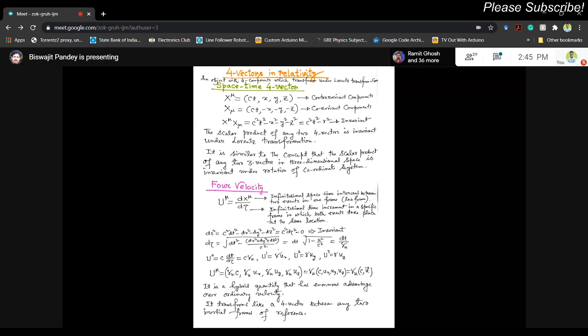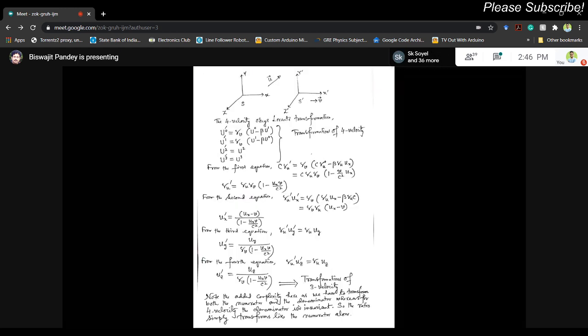So if we have a 4-dimensional counterpart of velocity, which we call 4 velocity, then it will obey the Lorentz transformation. When we transform from one inertial frame to another, the different components of 4 velocity will transform according to the Lorentz transformation, and our life will become much simpler than the usual case in 3 dimensions. I will show you how and why, right?